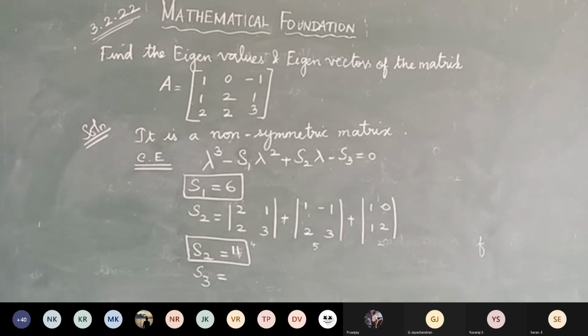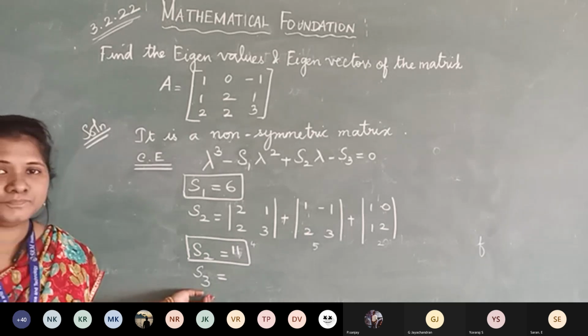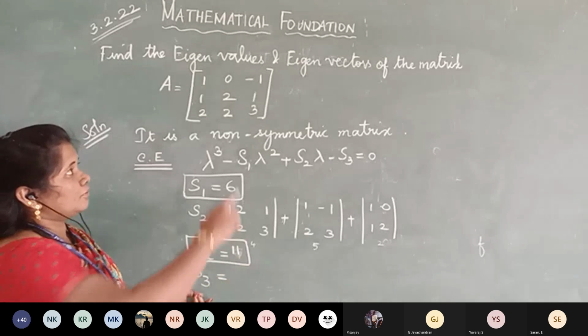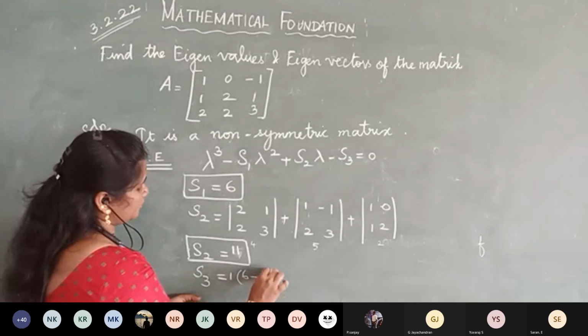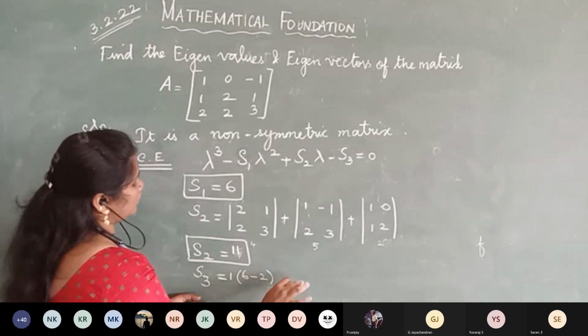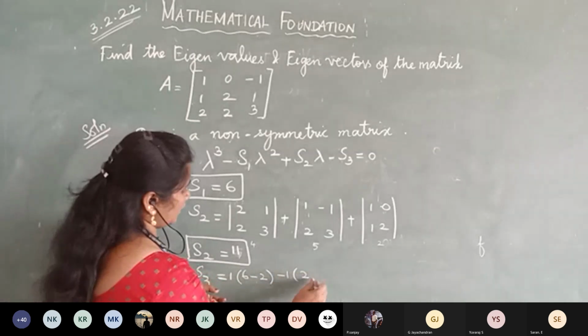Find your S3. We just need to find the determinant of this. It will be 1 into 6 minus 2 minus 0, so 0 becomes. Then minus 1 into 2 minus 4.